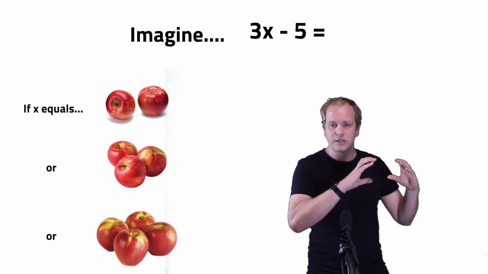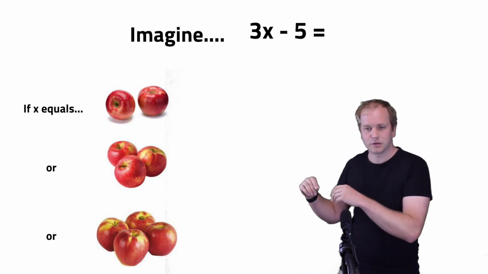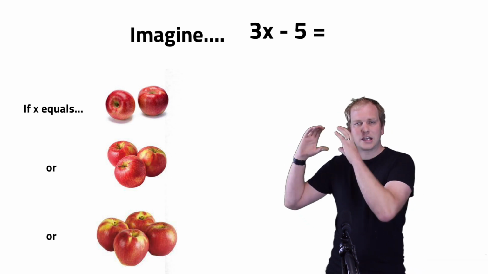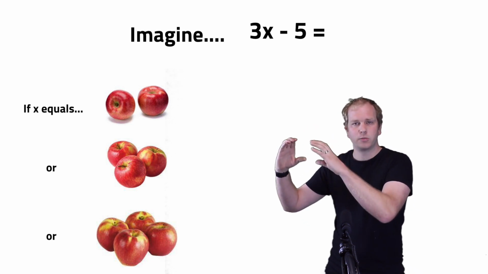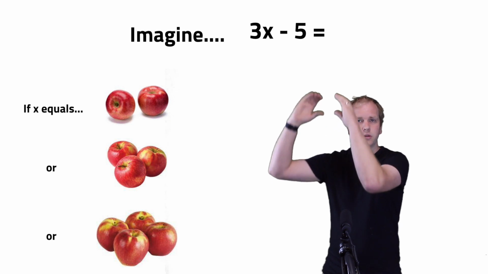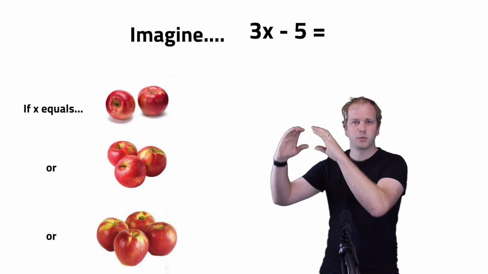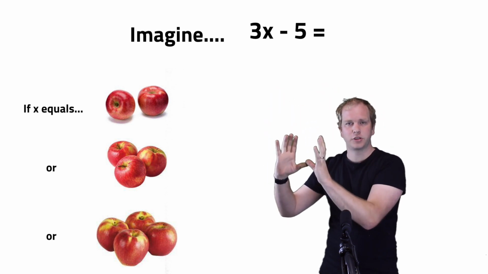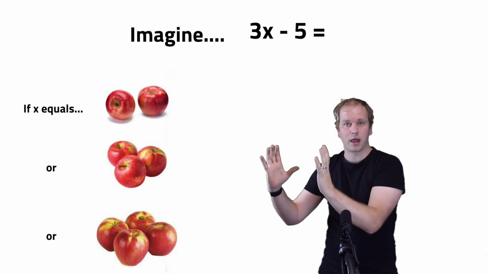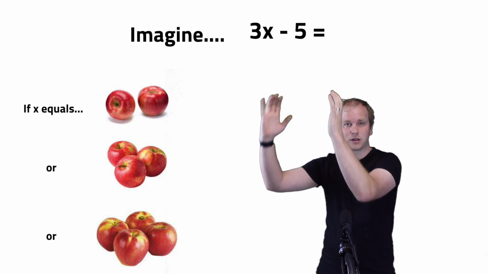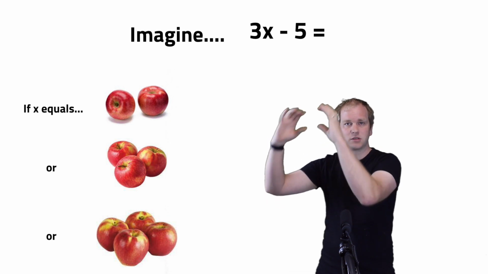And again, using our gesturing, we can look at those 2 apples and say, imagine x was 2 apples. We're going to have 3 groups of those. So we've got 1, 2, 3. Now, just by moving my hands like that, what are you now picturing? I know I'm picturing the shape of a 6 on a 6-sided dice, but in terms of my apples.